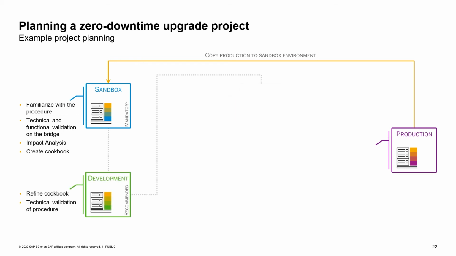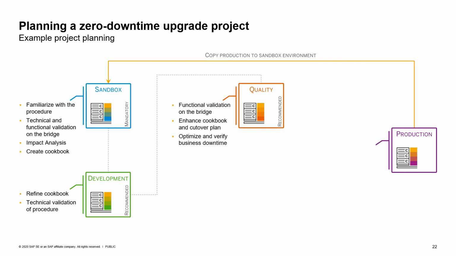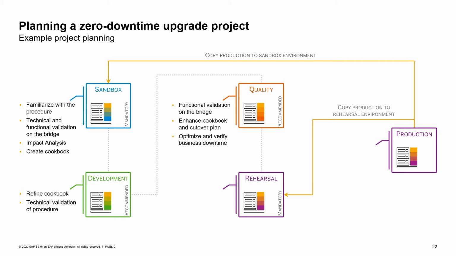We have seen that the customers that want to use the zero downtime option use the approach for all the systems across their landscape. So the development, the QA system, and eventually shortly before production, you take a new copy of it and rehearse your upgrade in order to finalize the cookbook and also to finalize your tests in terms of the bridge validation.